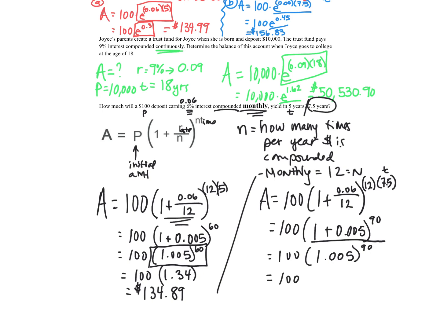What is 1.005 to the 90th power? It is 1.566 something. So our final answer, when we do 1.566 times 100, is $156.66.